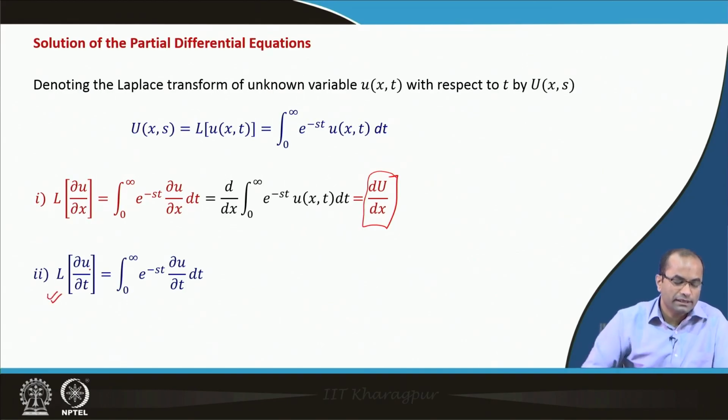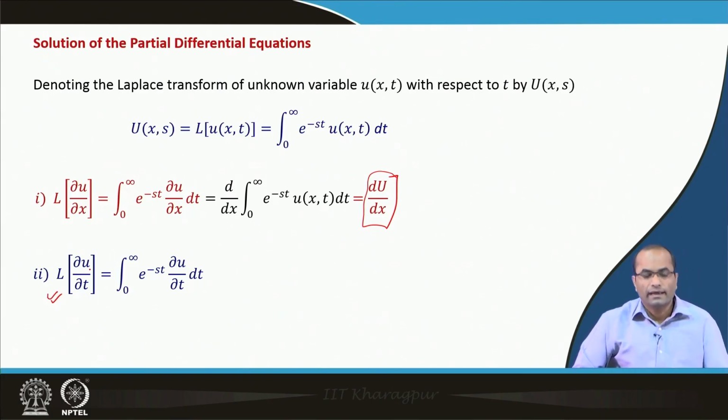But when we have ∂u/∂t, now the derivative is with respect to t, and when we take the Laplace transform, that derivative will be removed. So, the derivative theorem will be applicable now.